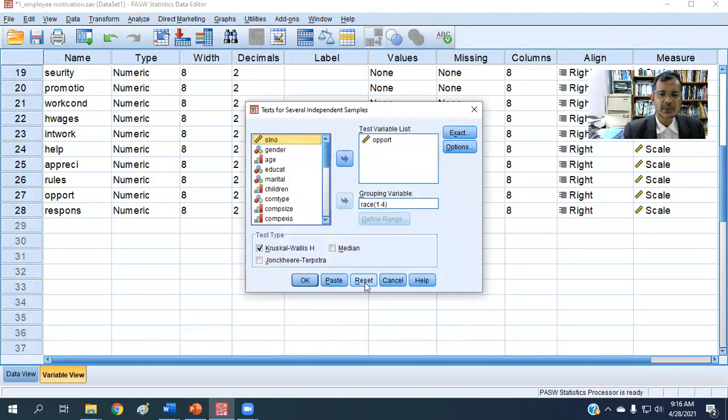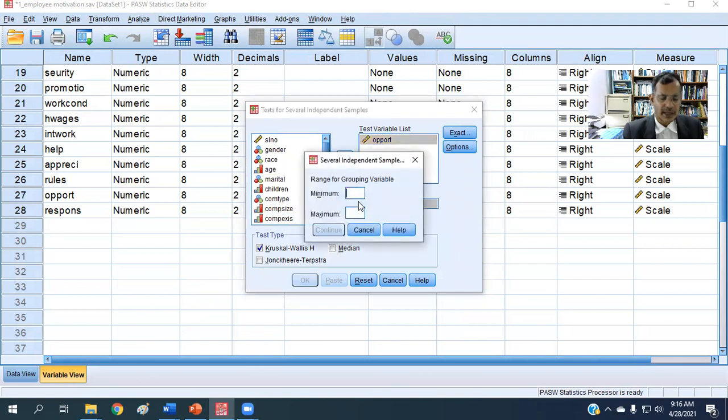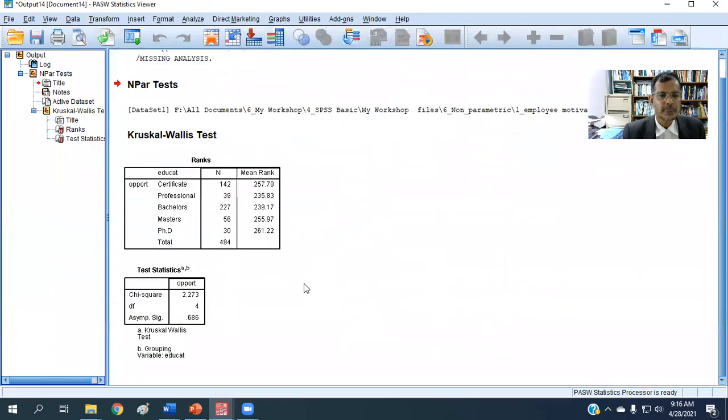K Independent Samples, opportunity to grow, and we take education qualification, and there are 5 levels here, so 1 to 5. In the questionnaire, there are 5 levels of education qualification: certificate, professional, bachelor's, master's, and doctorate. Continue, click OK. And the test is not significant.